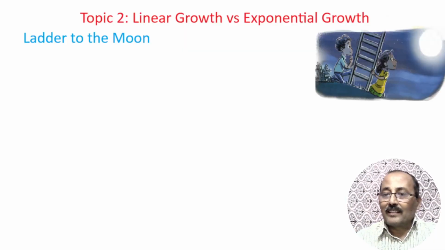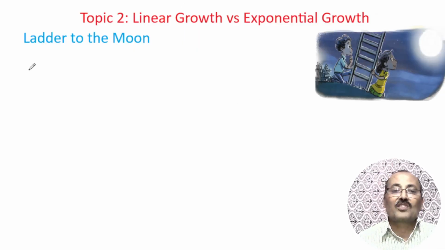And they have given in this question that the distance from the earth to the moon is 3,84,400. What is the distance from earth to moon? 3,84,400. In the previous questions we have seen this.